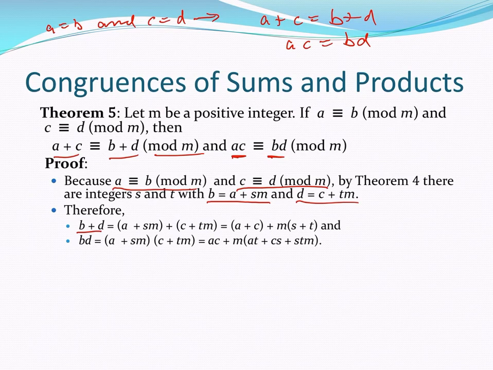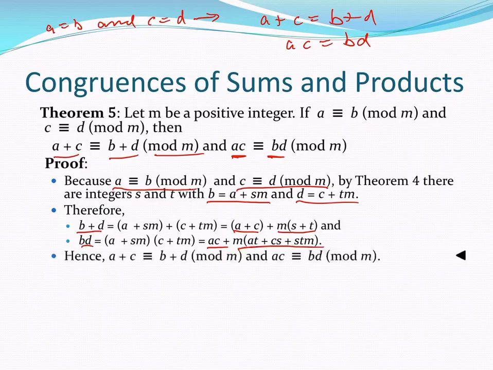So we get b plus d is equal to a plus c plus an integer multiple of m. And b times d is equal to ac plus an integer multiple of m. And if I subtract a plus c from both sides, or ac from both sides in that case, we demonstrate that they are congruent.